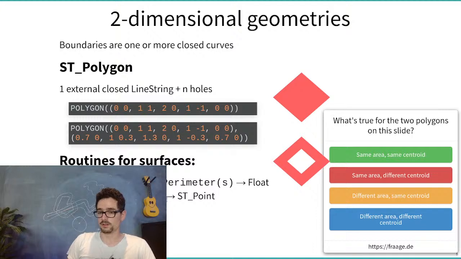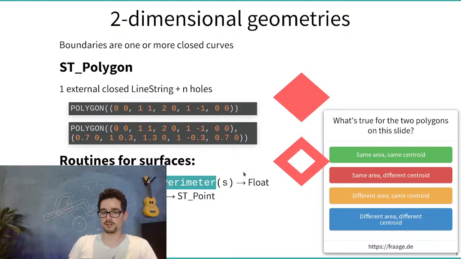So now another question. What's true for the two polygons on this slide here, this polygon and that polygon? There are routines like computing the area in square degrees, square meters, depends on the SRID that you use.